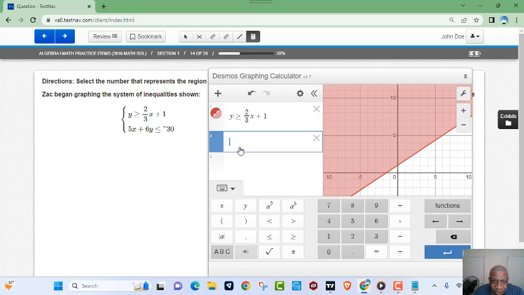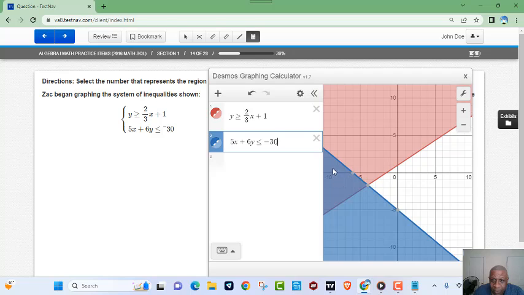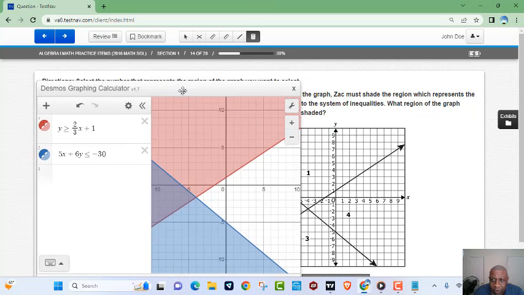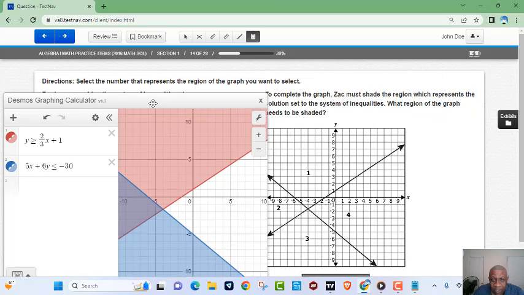And the next one says 5x plus 6y is less than or equal to negative 30. All right, so if we look at this graph here, the darkest section, right here, that's going to be section 2. Section 2, right there.